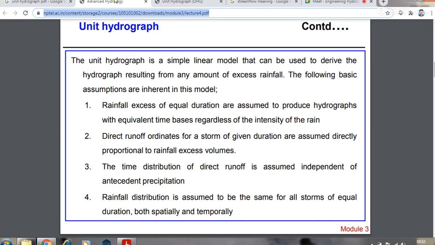Okay, this maximum duration is over here. So these two graphs are having different intensity, but having the similar time of the rainfall. Okay, so they produce hydrographs with equivalent time basis regardless of the intensity of the rain. Okay, so this is what we were talking about.